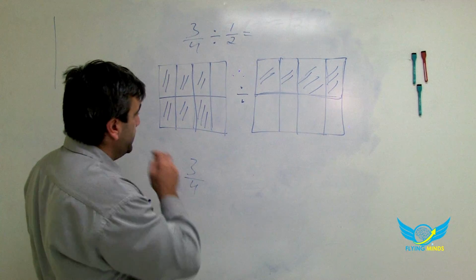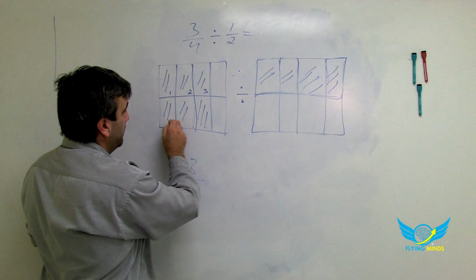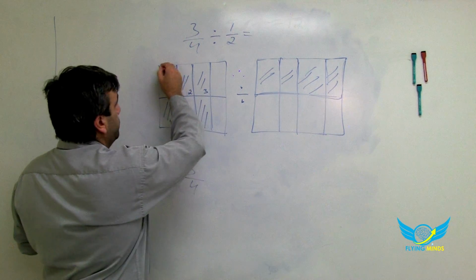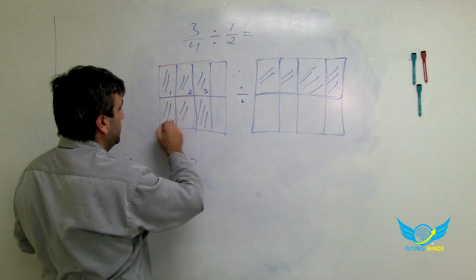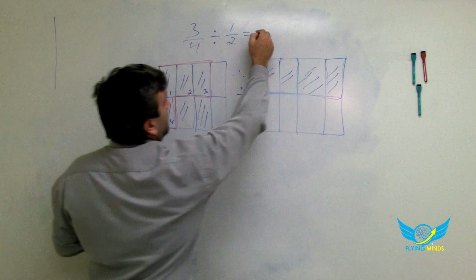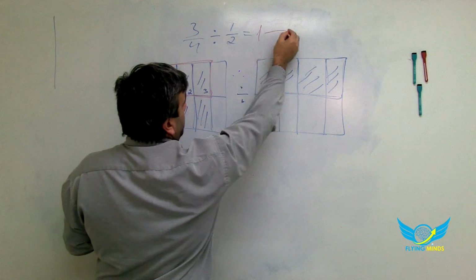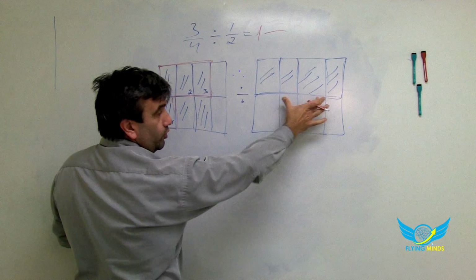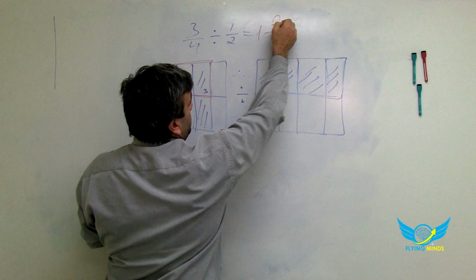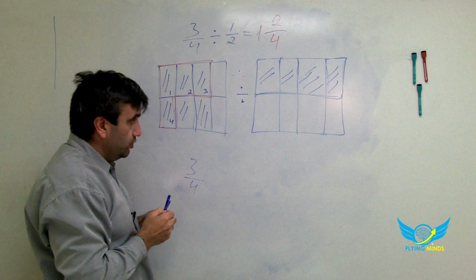So let's count: 1, 2, 3, 4. This is one whole group of 4, and 2 left, 2 out of a group of 4, because we count groups of 4. So this 2 will be your numerator, and 4 will be in the denominator.